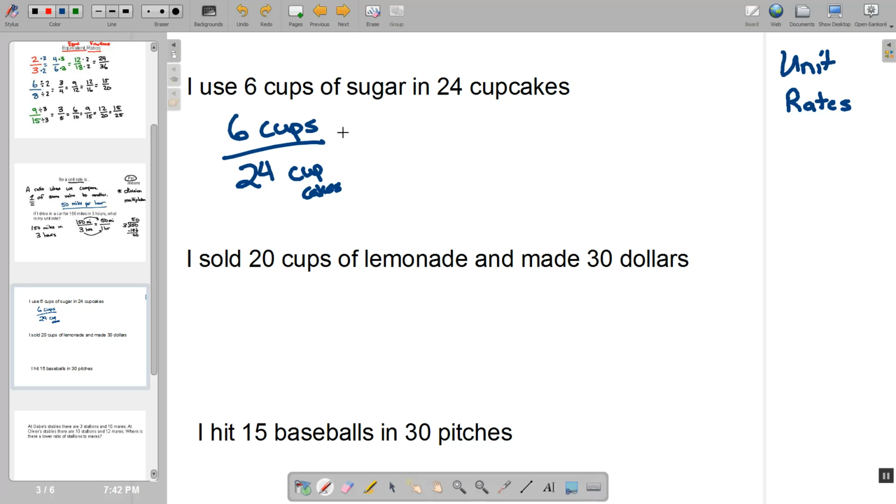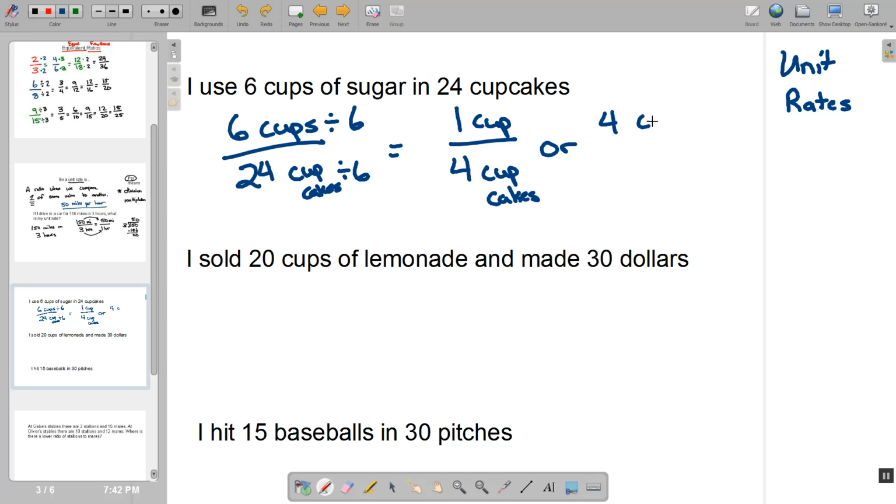But either way, if I divide both of these numbers by 6, I would get the unit rate as 1 cup per 4 cupcakes. Or I could write this as 4 cupcakes per 1 cup.